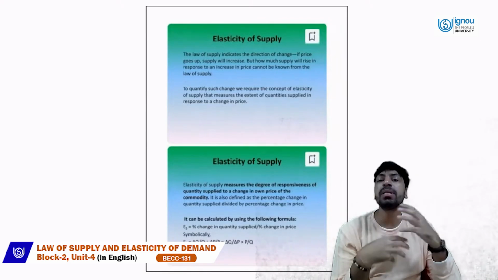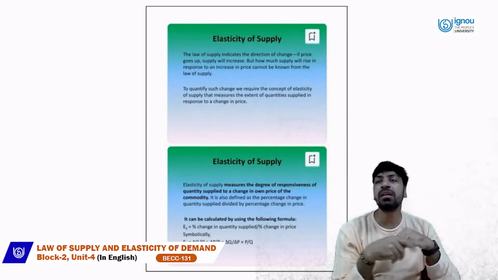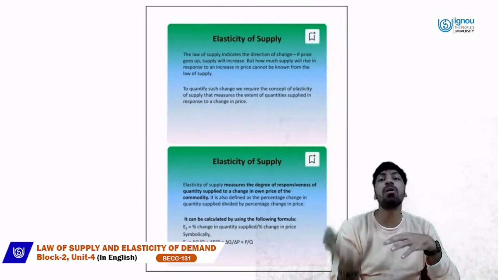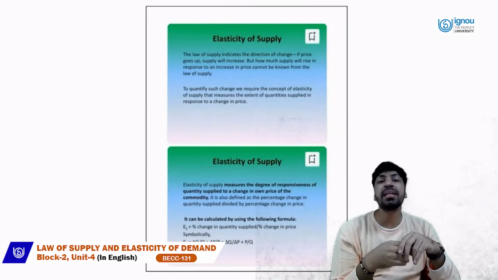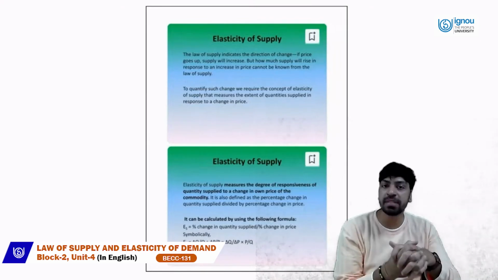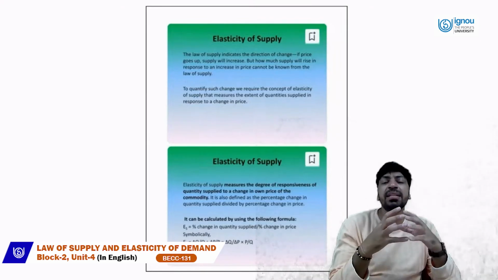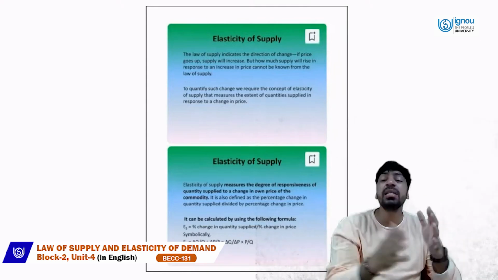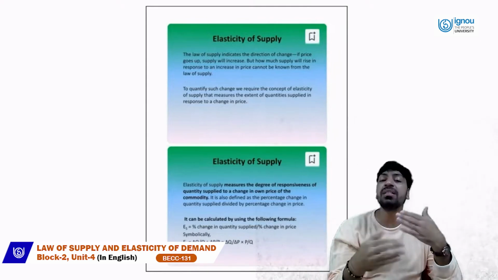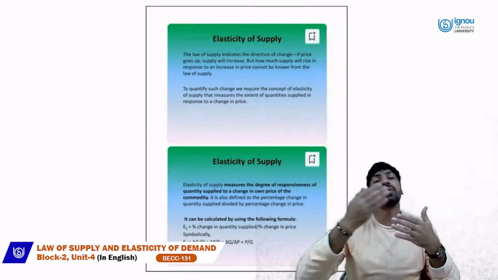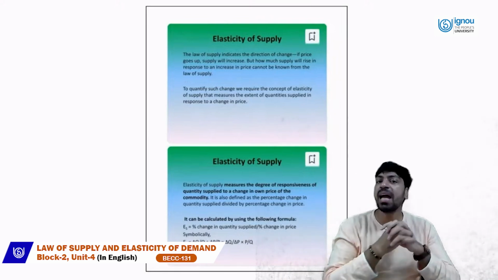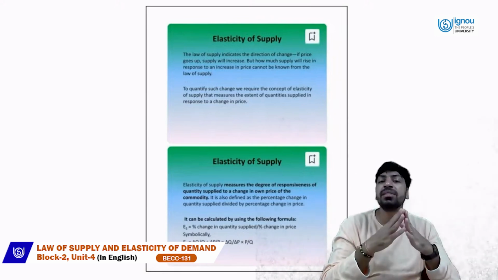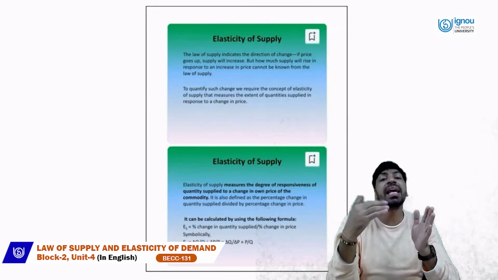How much the supply will increase in response to the increase in price cannot be known from the law of supply. So we cannot exactly measure in what ratio the supply would increase or decrease due to the prices, so the law of supply does not reflect that.